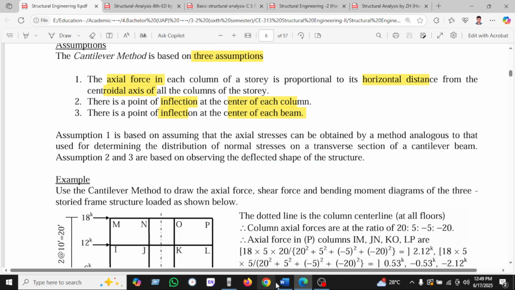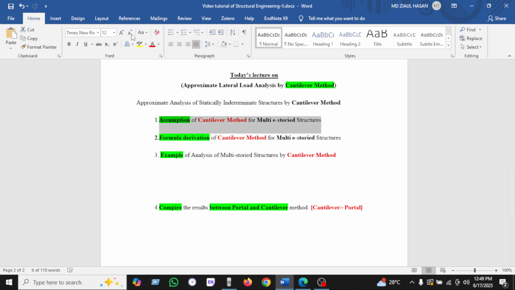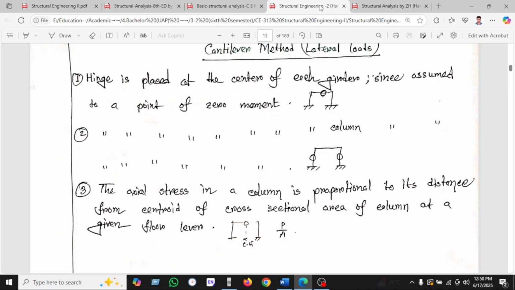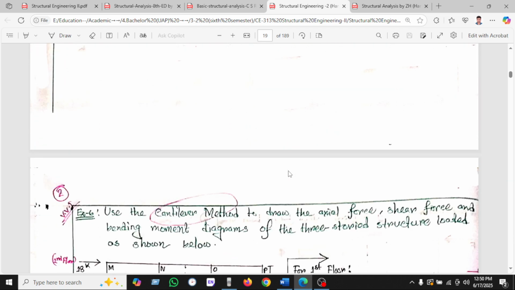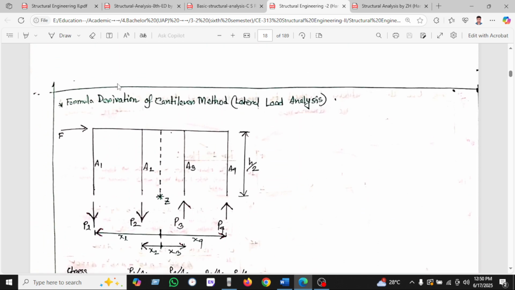Okay, so our assumptions have been completed. Now we can see the formula derivation of the cantilever method for multi-story buildings. So let's go to the formula derivation, how the formula is derived from the portal method.